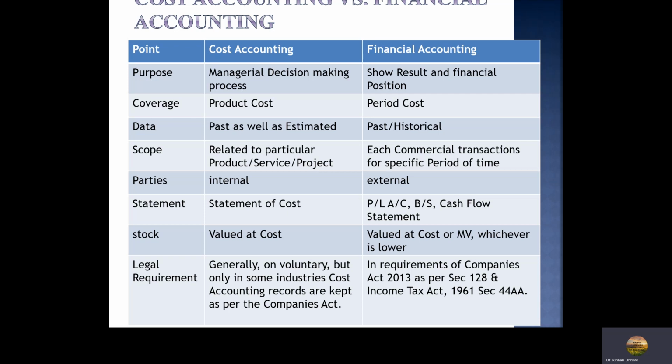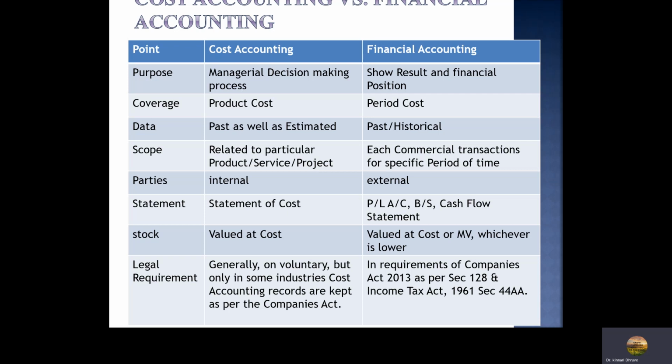The valuation of stock under cost accounting is always at cost, while in financial accounting, the valuation of stock, whether finished goods, raw material, inventory or work in progress, may be at cost or market value, whichever is lower. Generally, cost accounting can be applied on a voluntary basis.